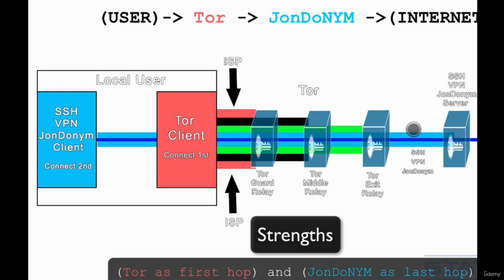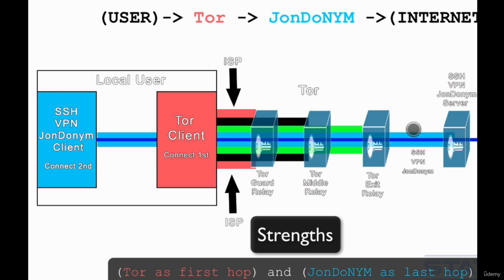Now let's talk about Tor as the first hop and SSH, VPN, Jondonym as the last hop. But in this system, Tor is blocked from its destination by the SSH, VPN, Jondonym server.